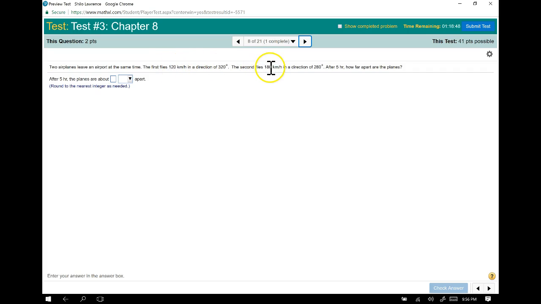Okay, so 600 and 900. So if they use anything but 1 hour, I would go ahead and multiply them right away. And then I would graph them, and I want to know the angle between them. This thing's going to form a triangle, and it's just going to be a triangle solving problem. So I'm just going to show you the picture for the setup, and then from there it's just triangles.